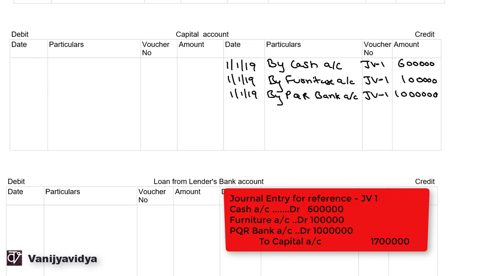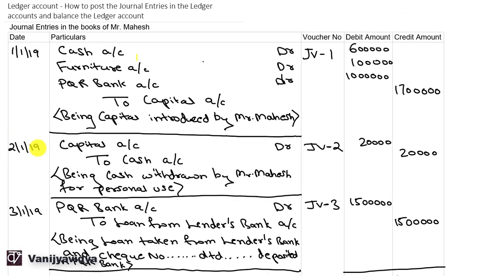Now let's move on to the next journal entry. 2nd Jan 2019, capital account debit 20,000 to cash account 20,000, JV2. So let's post this journal entry. One impact will be on the debit side of capital account, to cash account 20,000, and one more impact will be on the credit side of cash account, by capital account, amount is 20,000.